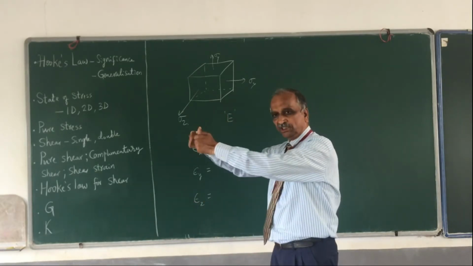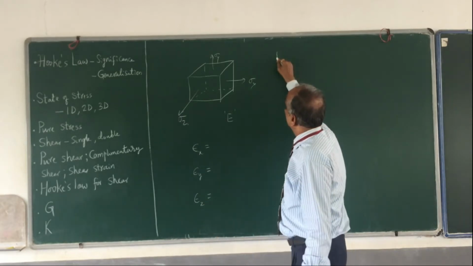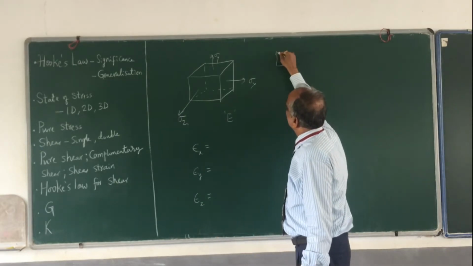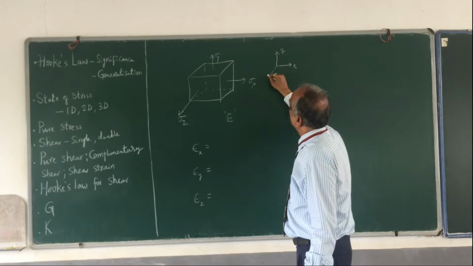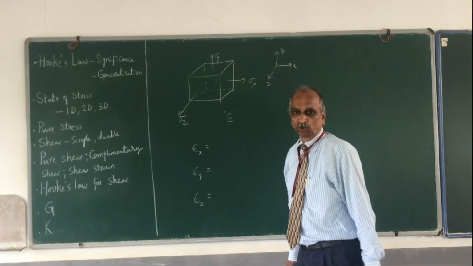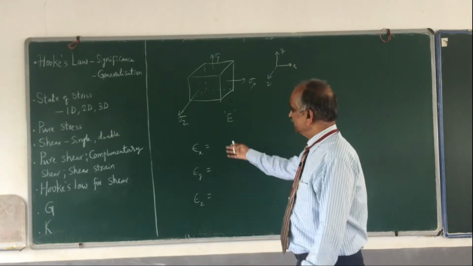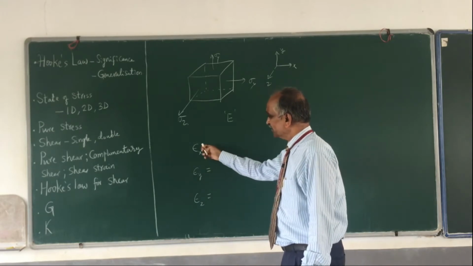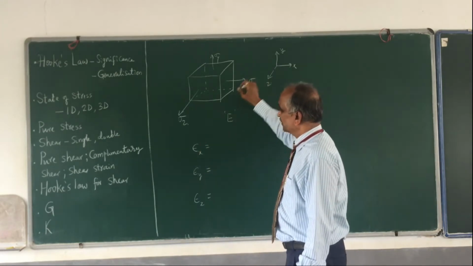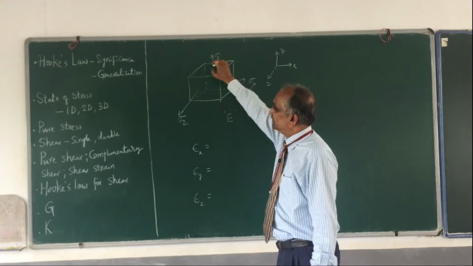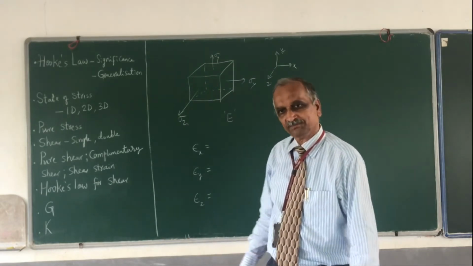Whatever is the change in the x direction. If I call this my x-axis, this the y-axis, and z perpendicular to the board, then I have strain epsilon x from the contribution of sigma x, sigma y and also sigma z.